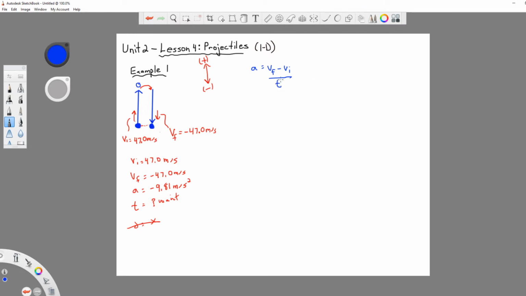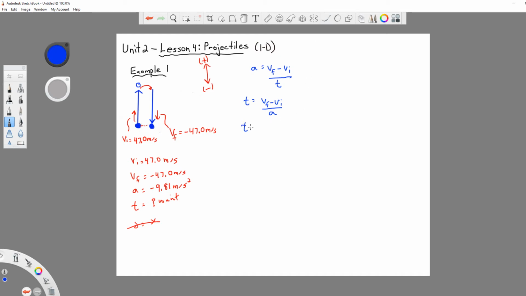If we rearrange this to solve for t, this one's easy because really we'll multiply this up and divide that back down. So it's going to be t is equal to VF minus VI over acceleration. This is in a useful form. We just plug in values and we'll be done.